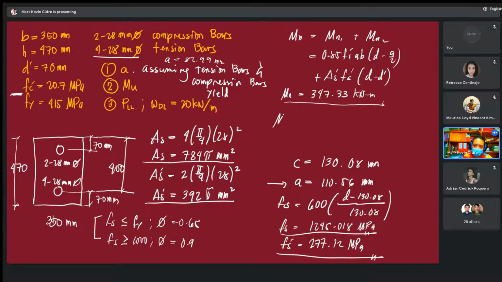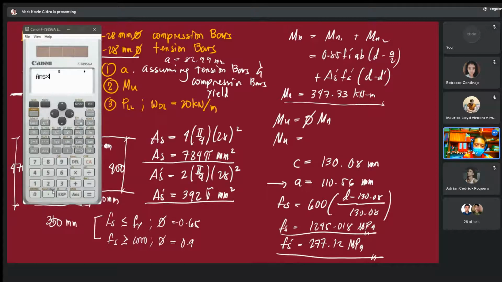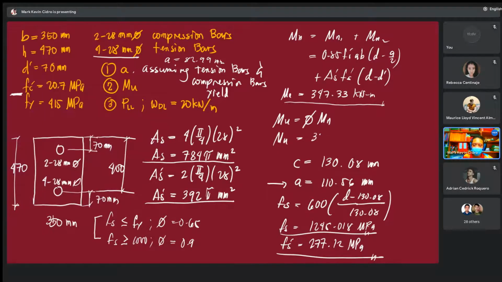Yung pinapakuha ay Mu. This is equal to phi times Mn. For Mu, you just multiply the result by your reduction factor, 0.9. And that is 312.59. This is in kilonewton meter. This is now the final answer for number 2, the value of your Mu.